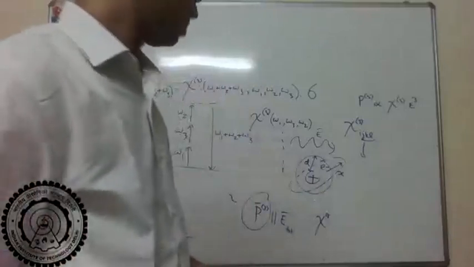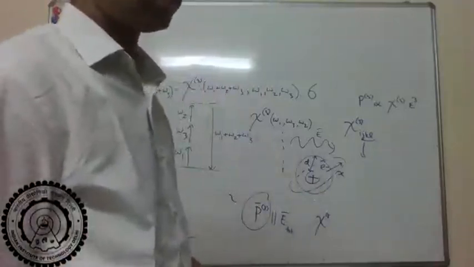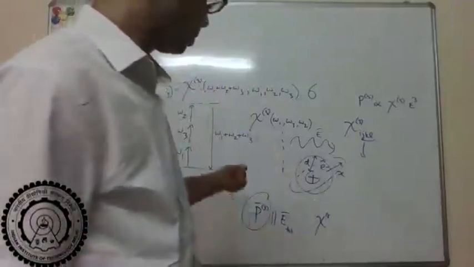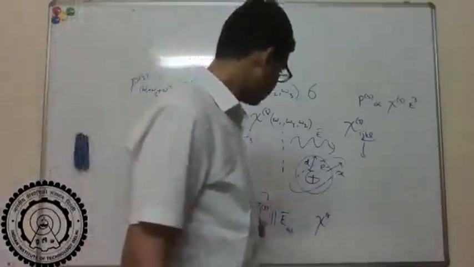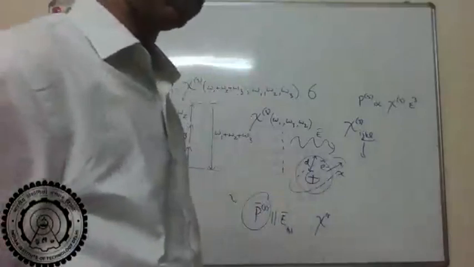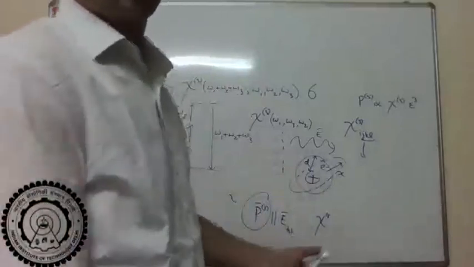Then why do we say that 21 always exists and it is non-zero? Because from this constraint, it turns out that that is non-zero. It is not constrained to be zero.